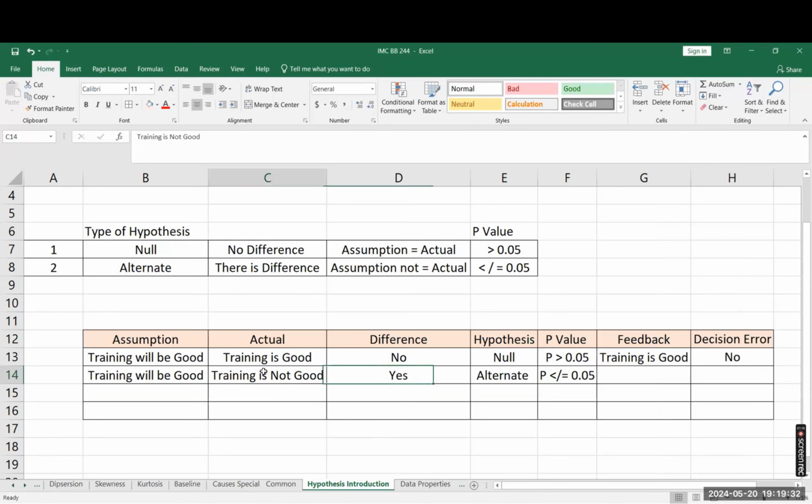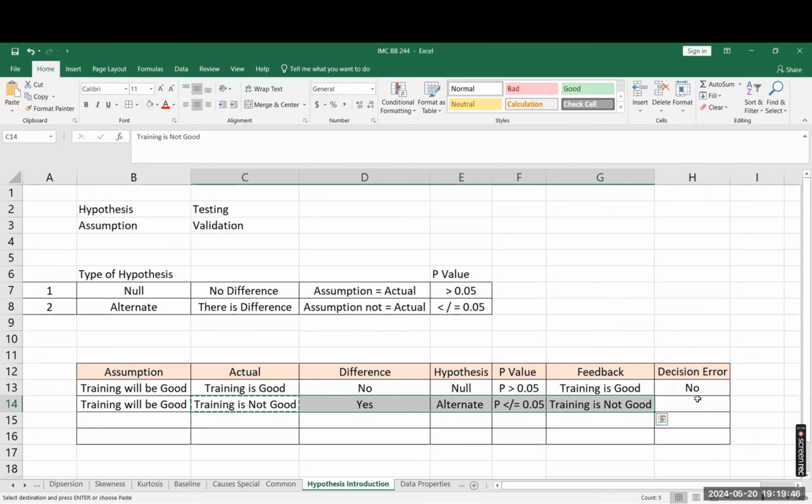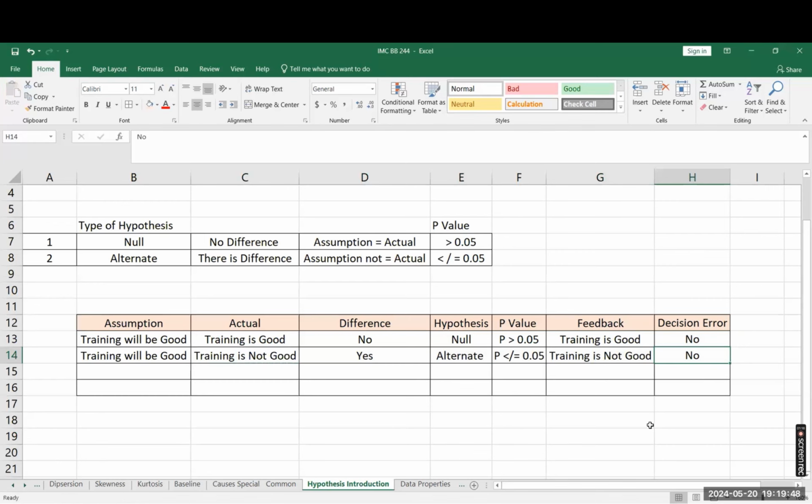Now, if you feel training is not good and you give me the feedback that training is not good, again you are aligned with the statistical decision. Both the statistical and practical decisions are the same, so there is no decision error.